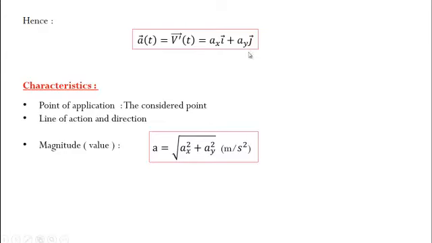So in this case we need to find the angle. If it was only in terms of i, then it's horizontal. If it was only in terms of j, then it will be vertical, according to the answer we find. In order to find the value, a equals the radical of ax squared plus ay squared. Its unit, as we said, is meter per second square.